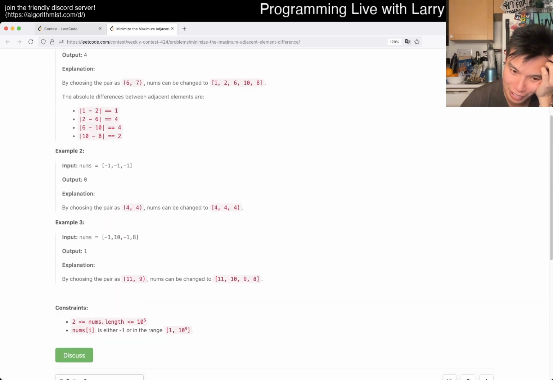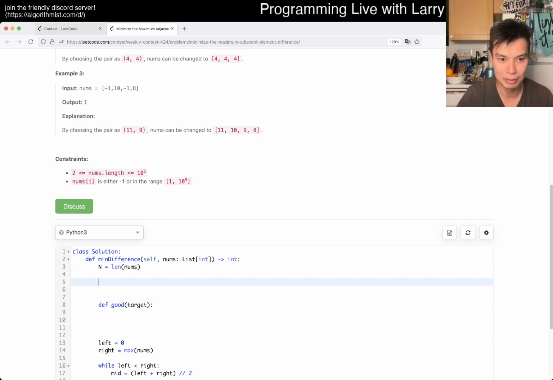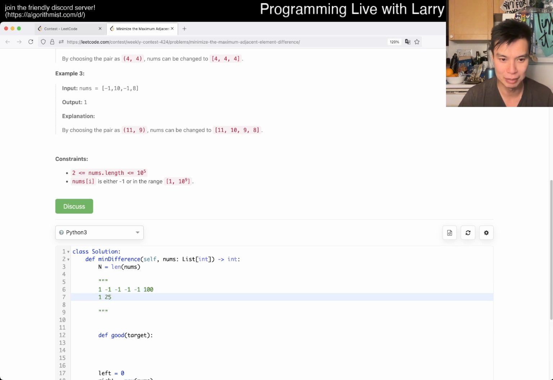Even if this is right, I don't know anymore, because the case may be that you have something like 5, -1, -1, maybe just 0 or 1, whatever, 100, and now you can't compress the negative ones and just convert them to 50. What you would do is convert them to, I don't know, 25 or whatever, but the point is still taken. Now the answer is 25, not 100.